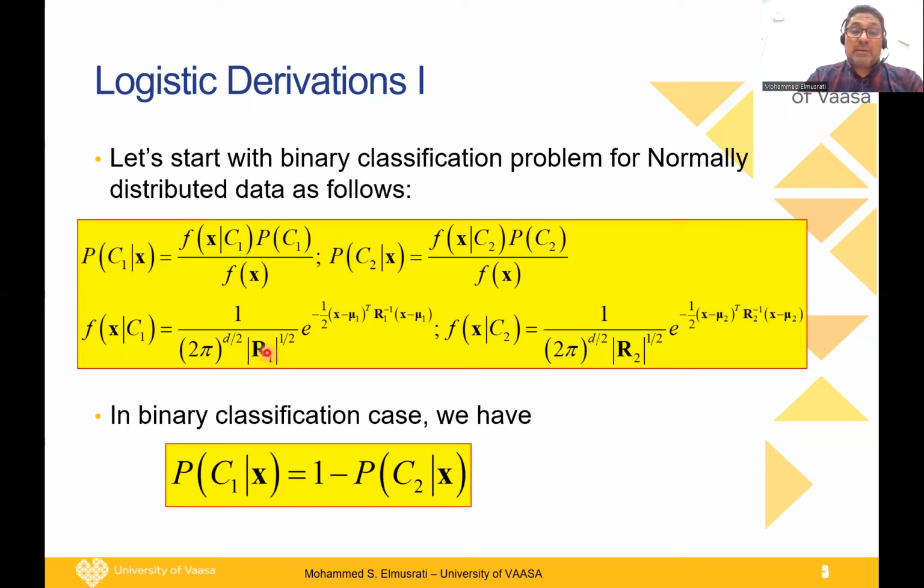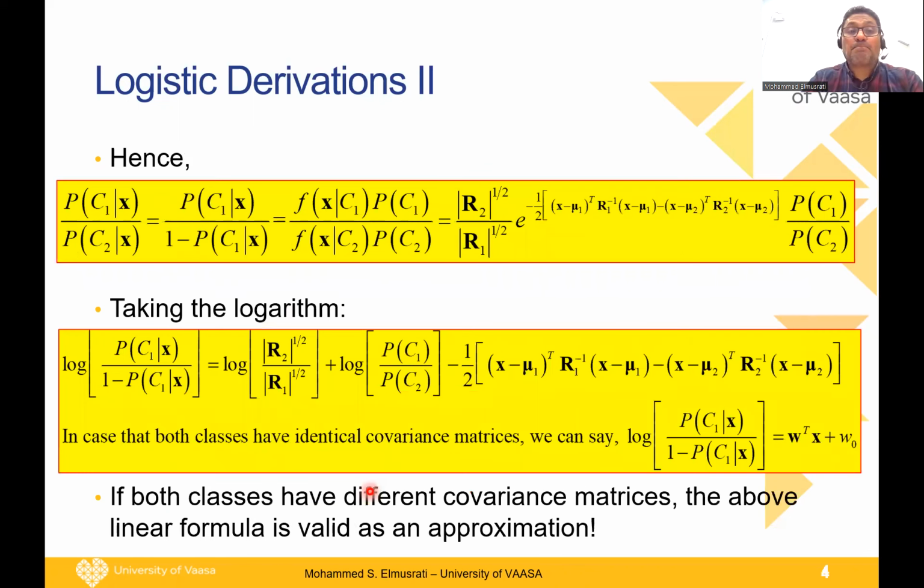And when we assume that the distribution of attributes for each class is normal, this can be done in this way. Since we have only two classes, the probability of being in class 1 given X is equal to 1 minus the probability of being in class 2 conditioned on the input X.